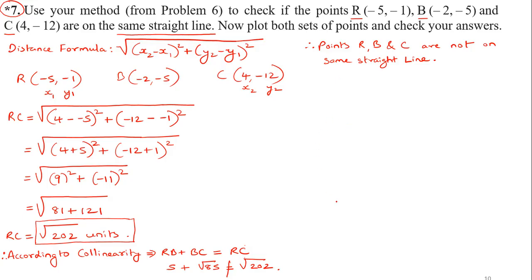Same thing we will plot and we will have to show on the graph. Now plot both sets of points and check your answer. So now we have to plot these 3 points and show on the graph that they are not on the straight line. We will draw the graph on the next page.